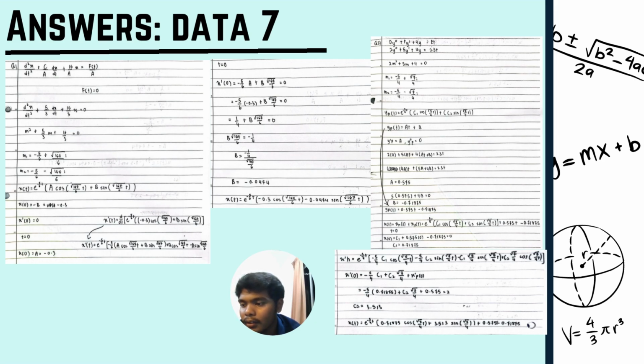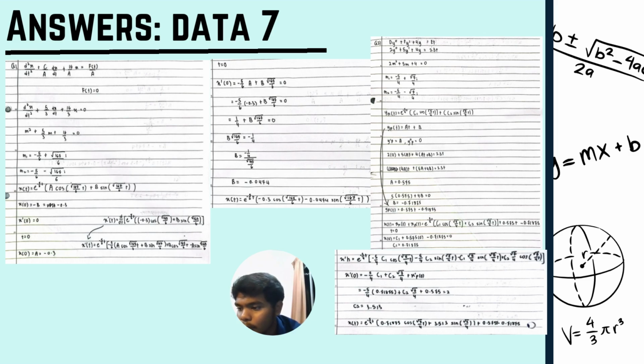So next, we're just going to put it all into the x prime 0 equation. So we're going to get the answer b equals to negative 1 over 4 over square root of 167 over 6. So b is going to be negative 0.0474.